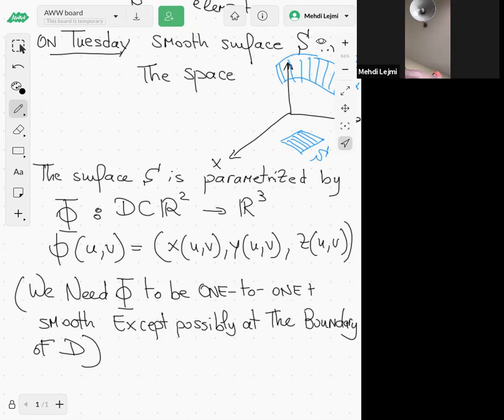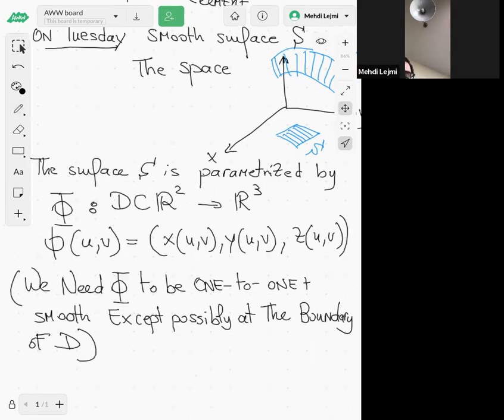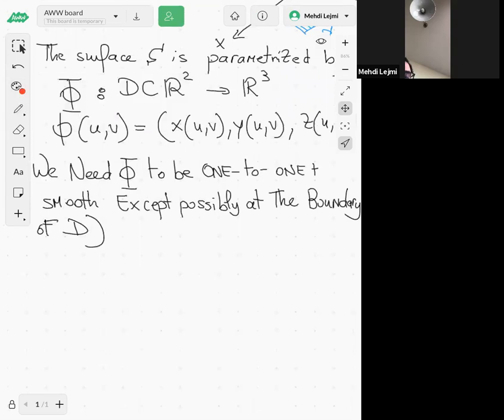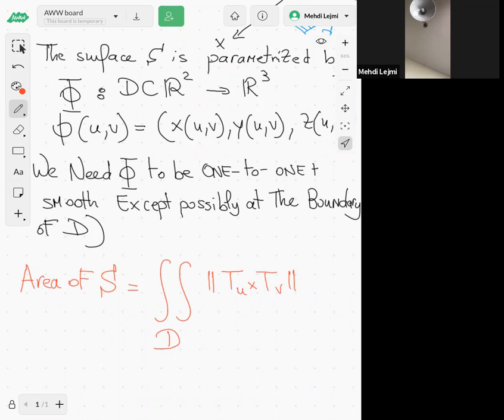We proved that the area of the surface S is equal to the double integral over the region D of the norm of the cross product of these two special tangent vectors, T_u and T_v, du dv.